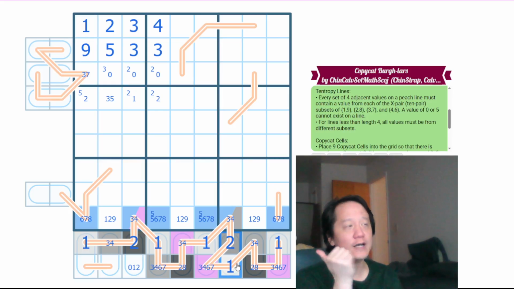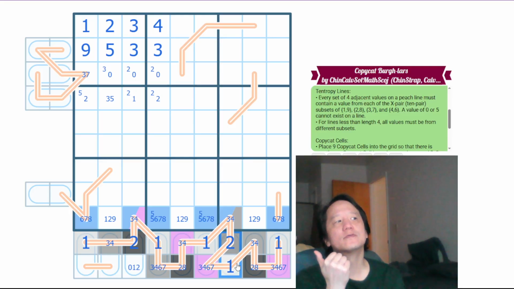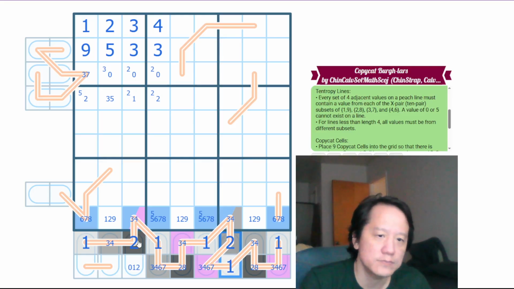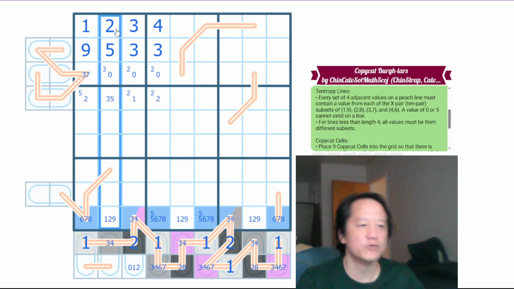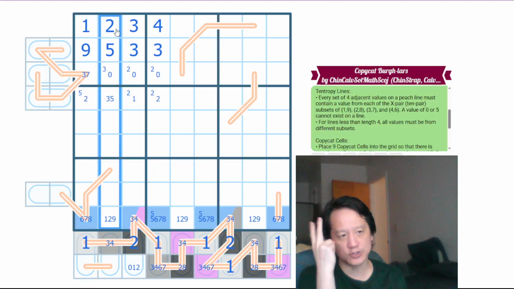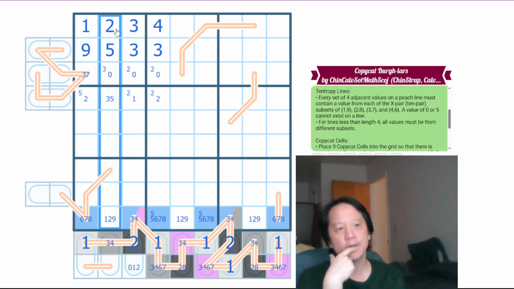So if the 9 duplicated a 2, that would mean the most you could have in that column would be 5, 6, 7, 8, and 2 in value, because the 9 is changed to the 2 in value.